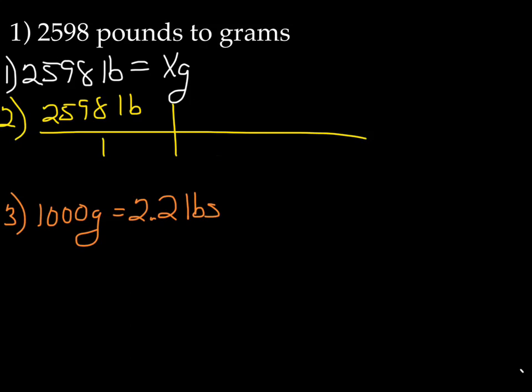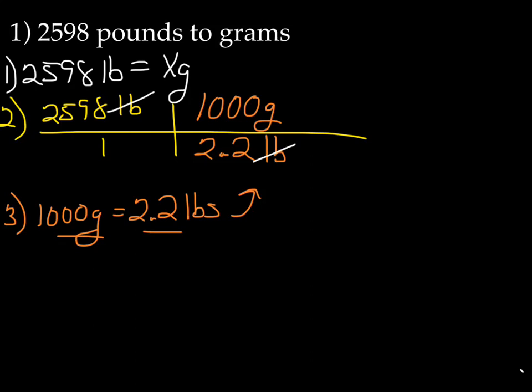Okay. Now these 2 numbers need to go into my conversion table, and I pick which one goes on the bottom by whatever's on the top for the given. So 2.2 pounds on the bottom. So the top is going to have 1,000 grams. Okay, to make sure I did this right, I'm going to double check.